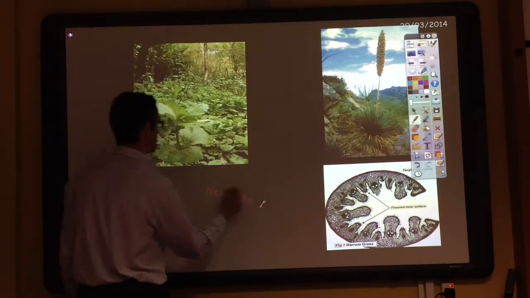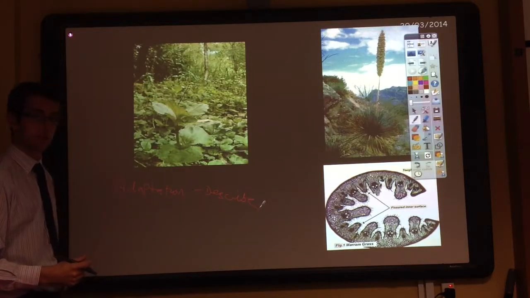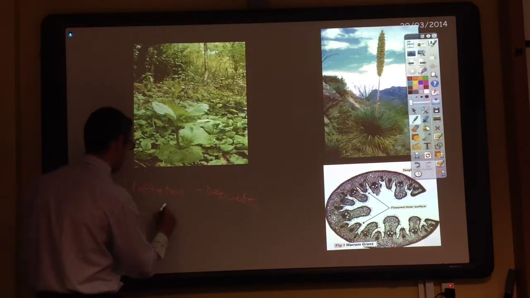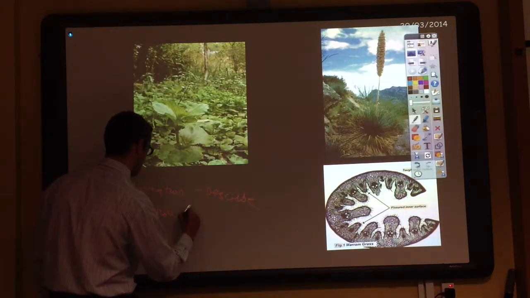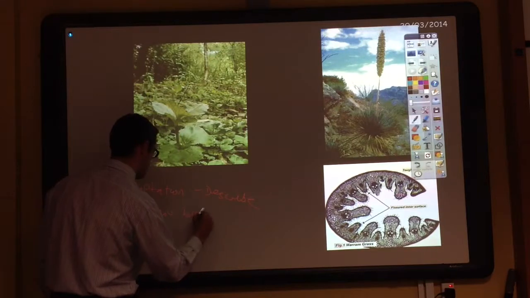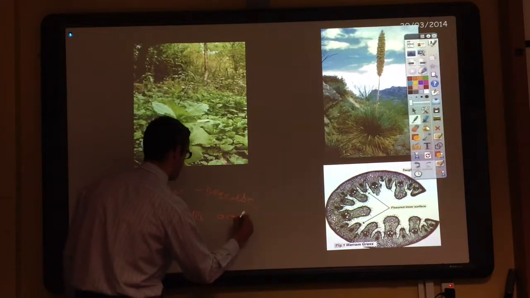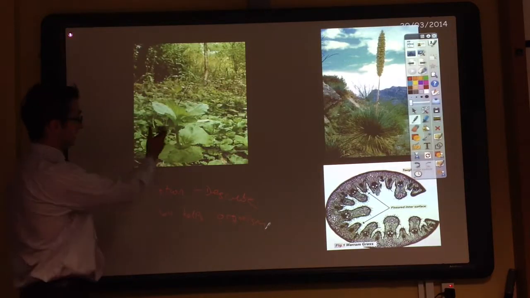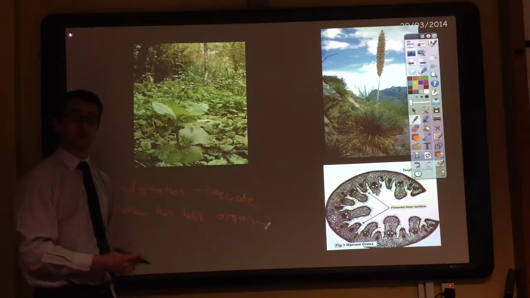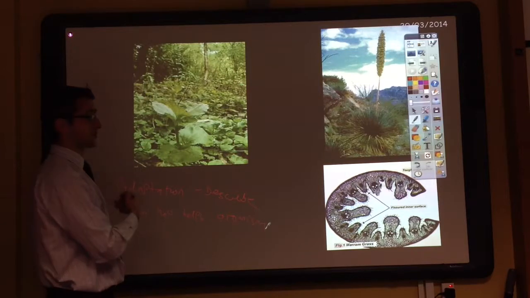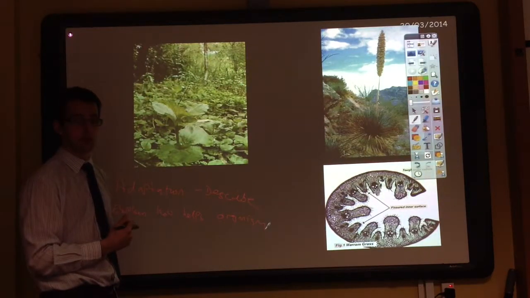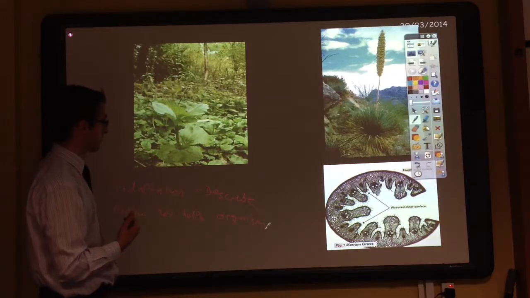So, for example, a large surface area to the leaf by being broad, but you need to also explain how that helps the organism. So, for example, we might say that this plant here has a very broad leaf, as we said before, but that is to enable more light capture by having more chlorophyll in that broad leaf.